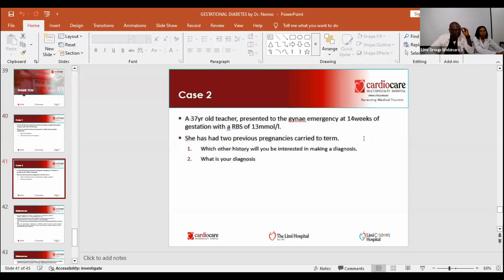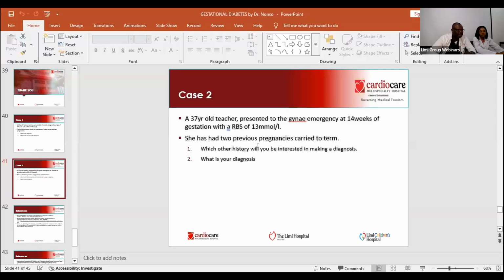An RBS of 13 millimoles per liter. This is 13.1, and it's more than our 11.1 from our normal diabetic criteria. Understand? So these other details are just to distract.